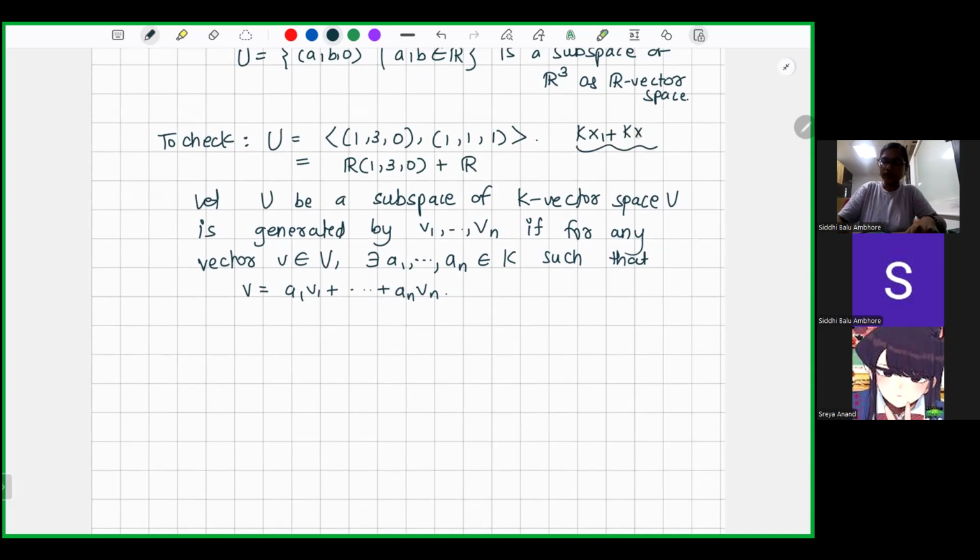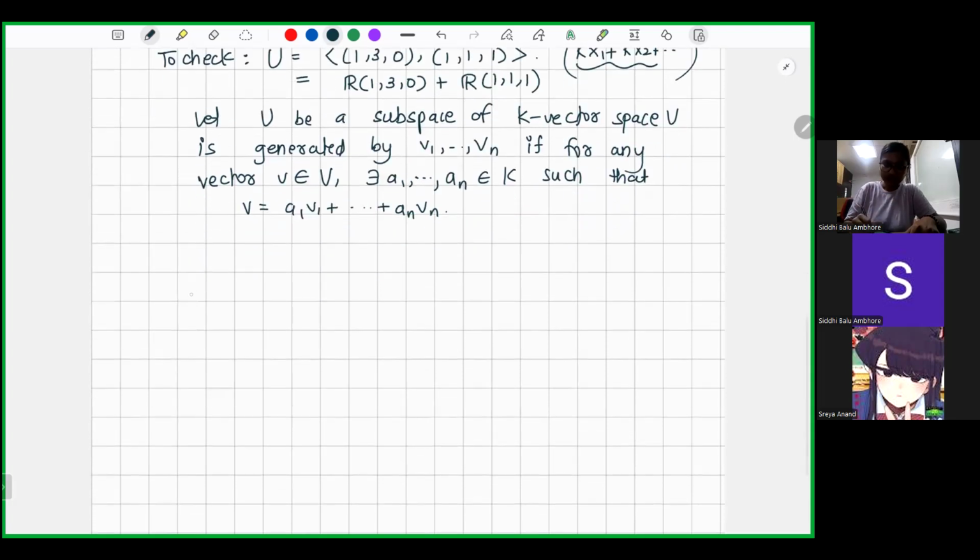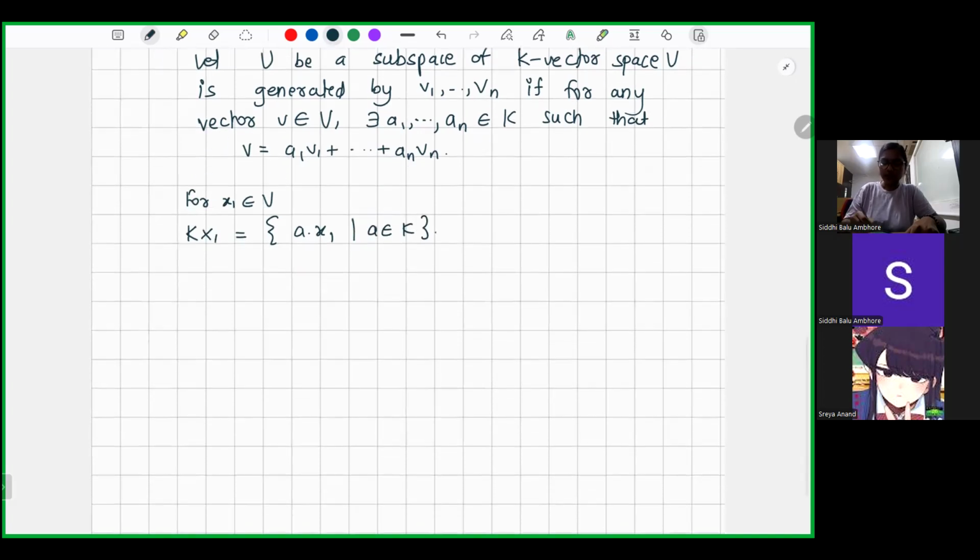What it means is that when we write Kx1, it is the collection of all elements of the form a x1 such that a is in K. When we write Kx1 plus Kx2, it is the collection of elements of the kind a x1 plus b x2 such that a and b are from K. So it is the collection of all possible linear combinations of these elements.